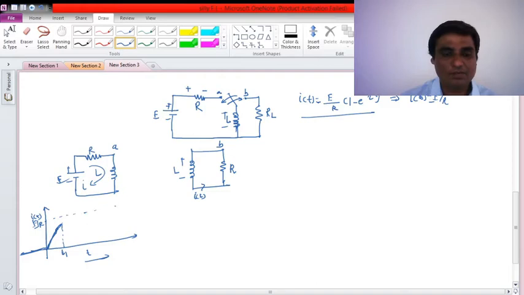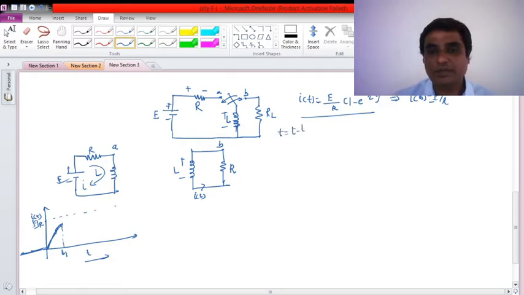I will immediately move this switch from position A to position B at time t equal to T1. Now I would like to know how the behavior is. For that, this is my new network. Now what is my T value? T has been shifted by an amount T1. So next, this variable I will define as T dash. If this is the case, this is my I flowing this way.